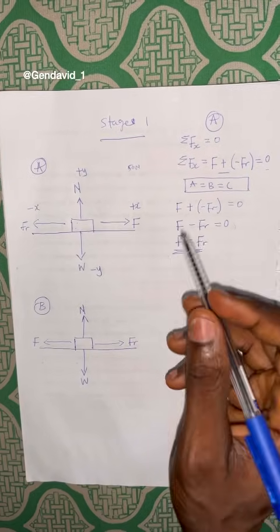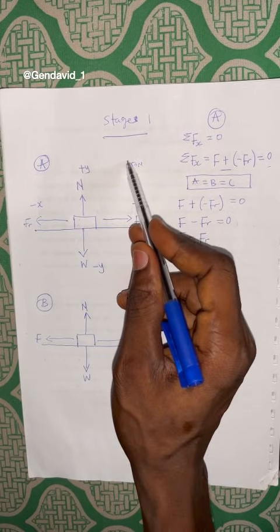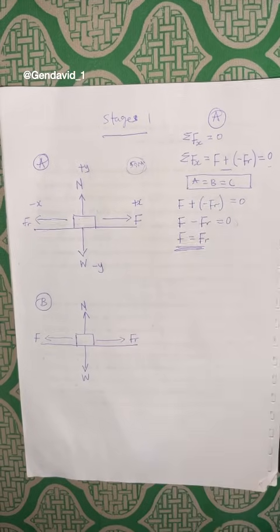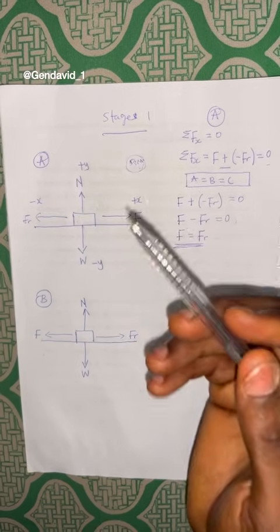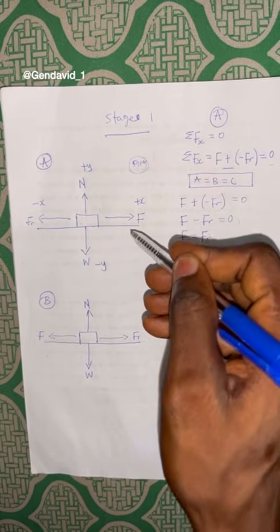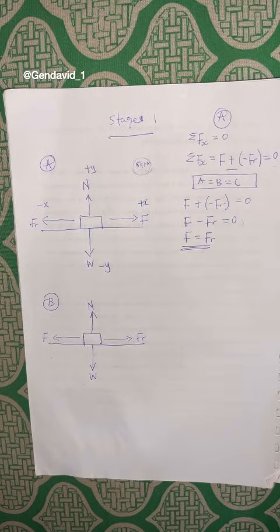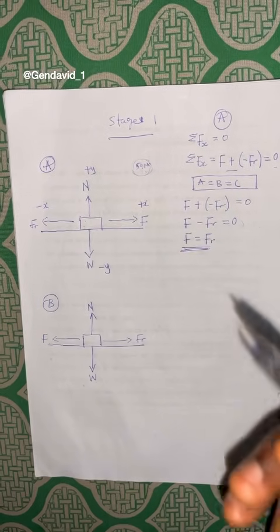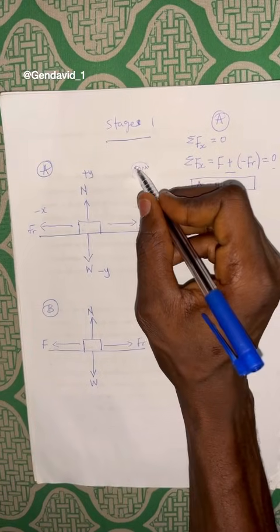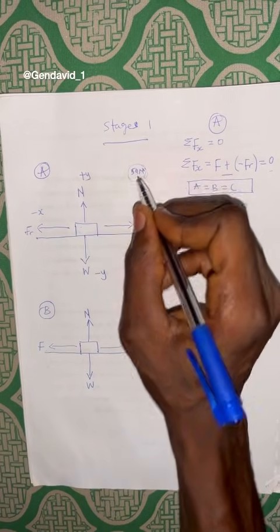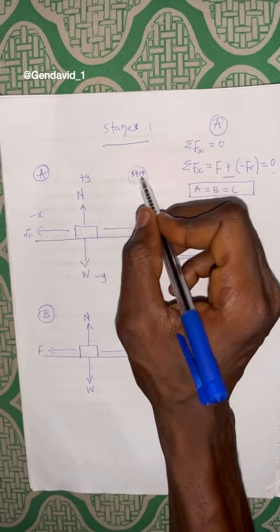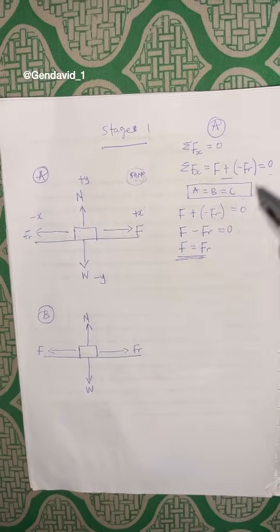If you want to apply a force so that it changes from static frictional force to kinetic frictional force: static frictional force is the frictional force when the object is at rest, but kinetic frictional force is the frictional force when the object is in motion. So I need a minimum of 50 Newton to move this object, because the frictional force is 50 Newton.